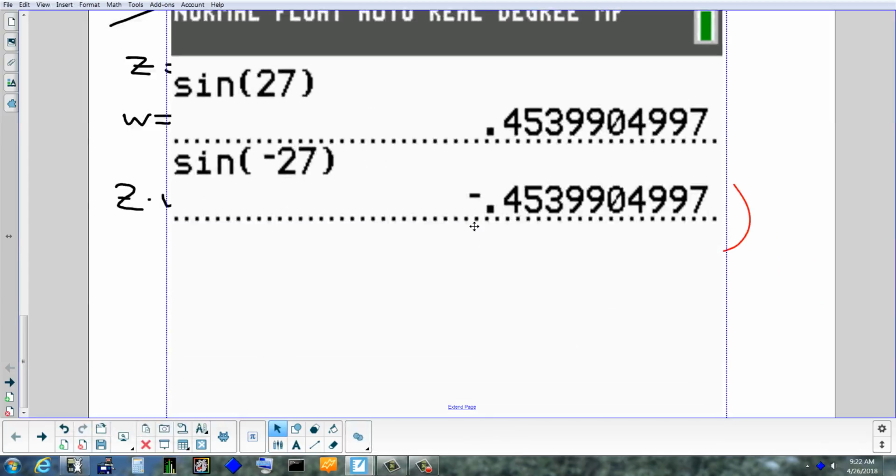They're not the same, Mr. Hager. They're not the same, right? They're kind of close. Well, I guess it depends on how you think of close. But what are they, basically? How are they related? They're opposites. Yeah, they're opposites. So positive 0.45, negative 0.45.